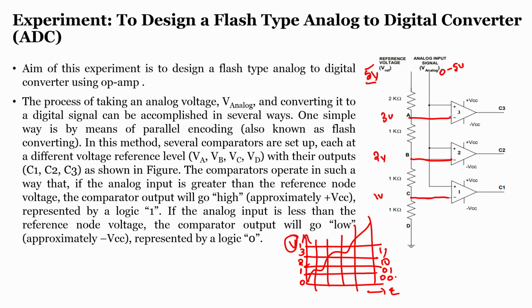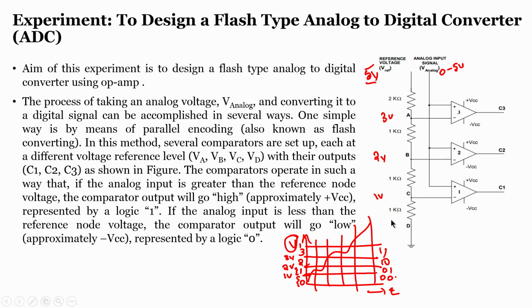So how do we divide into this? The first level voltage is 1 volt, the second level voltage is 2 volt, this is 3 volt, and more than 3 volts it is completely higher.